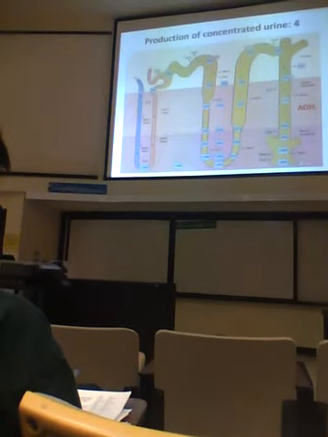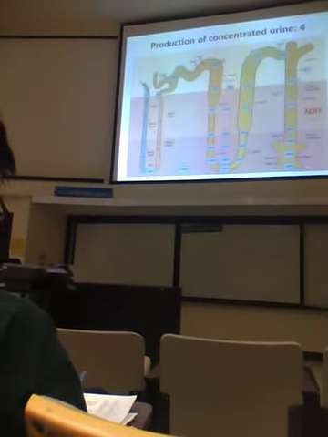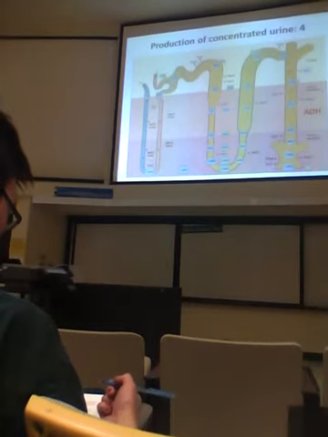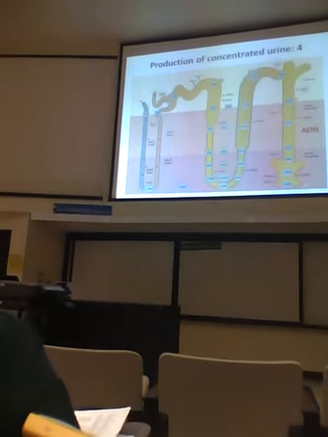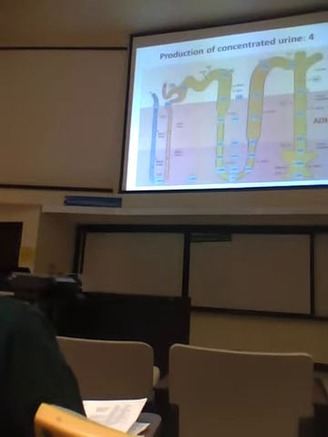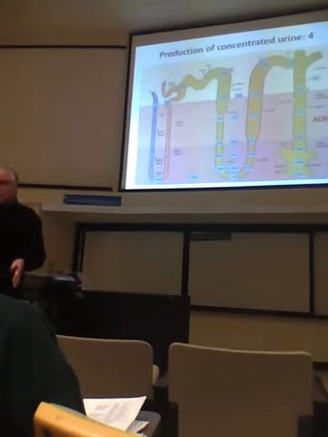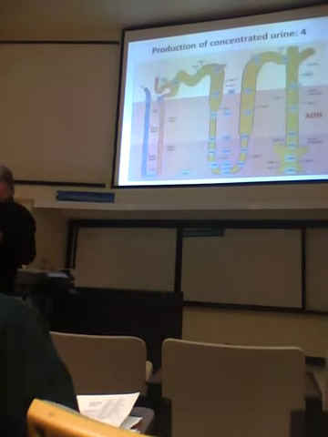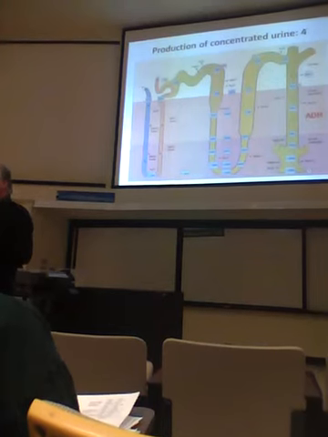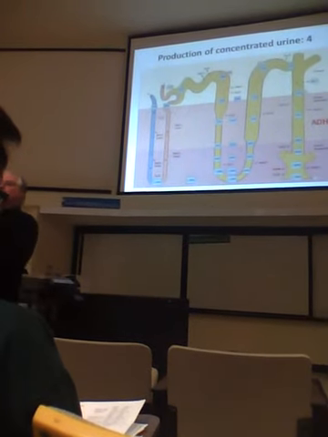ADH, antidiuretic hormone. You don't pee much, and it's very concentrated, because ADH puts water channels in these membranes. If you don't have ADH circulating, you don't have water channels in these membranes, you pee out large quantities of dilute urine.